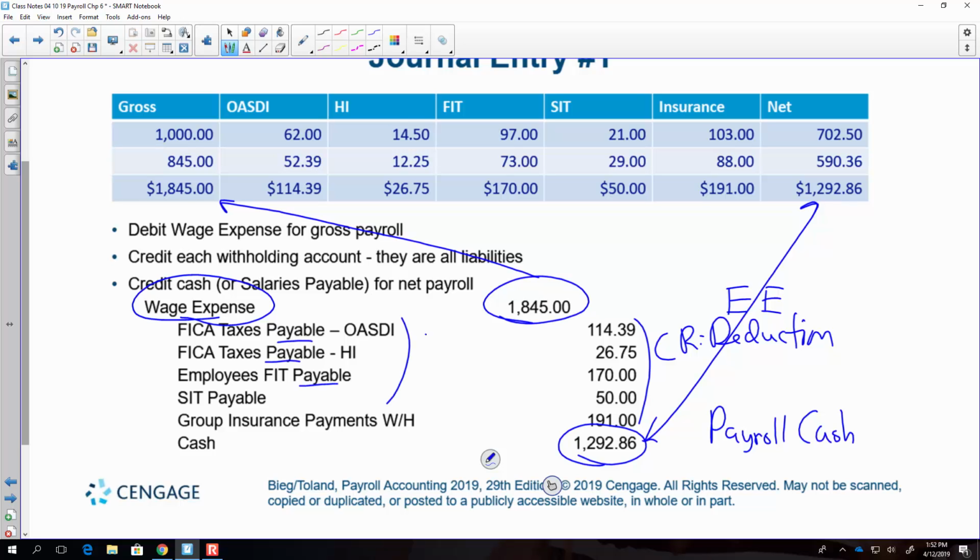So these are all current liabilities, and they're defined with the proper tax name on it. That helps, because I can look at the balance sheet at the end of the month and know exactly what I have to pay to the state of Wisconsin, right, the state withholding for that pay period and so forth. So it makes it much easier to get that information.